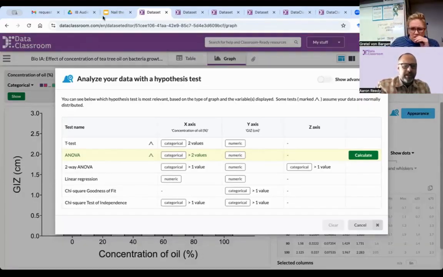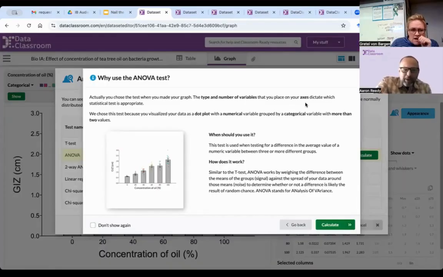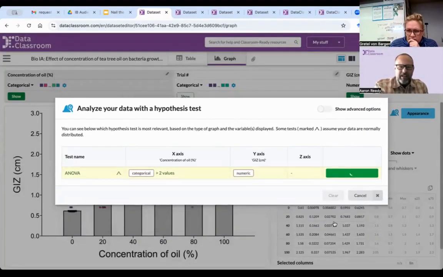And this is going to be an ANOVA analysis. This is the analysis of variance. Student will get a pop-up that says, we're testing for a difference in the average value of a numeric variable between 3 or more different groups. In this case, we have 6 groups. And this is what we're doing. We can calculate it.